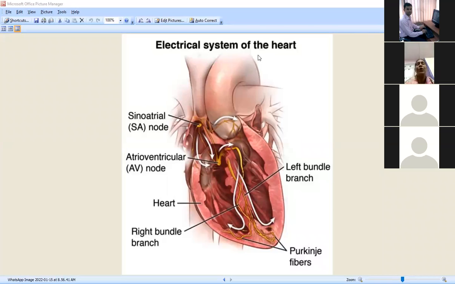Contraction of these two ventricles starts, and you know that the contraction of the ventricles plays a significant role in our body, and the heart is regarded as a pump due to this contraction of the ventricles, a double pump.